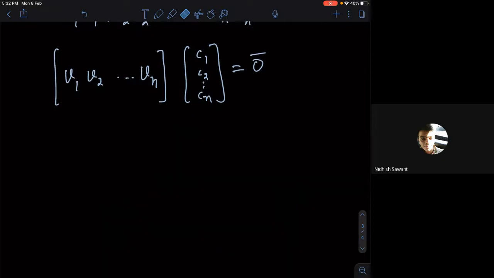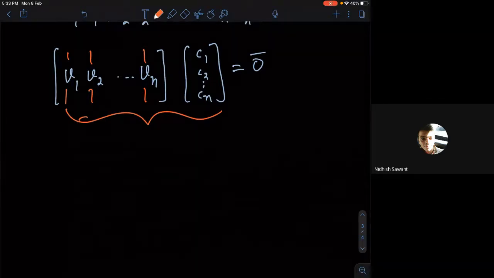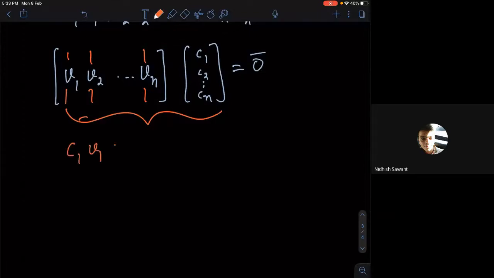These are vectors. So how do you see this multiplication? This is C1 times V1 plus C2 times V2.